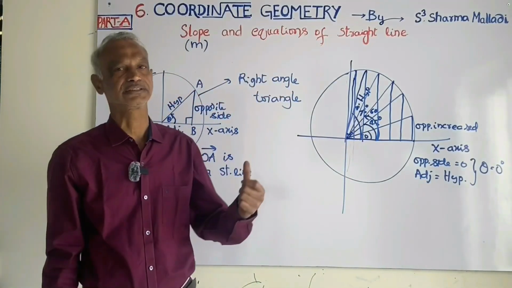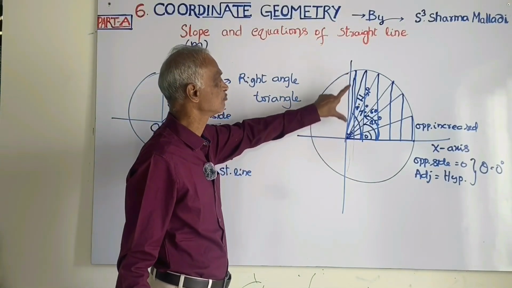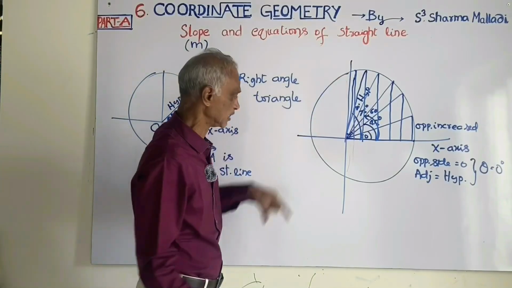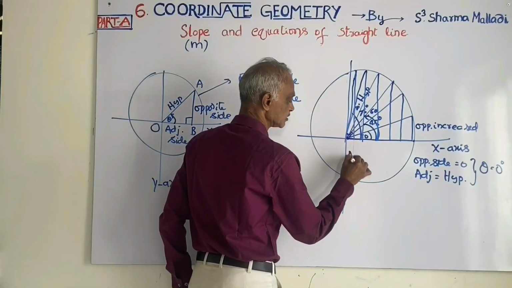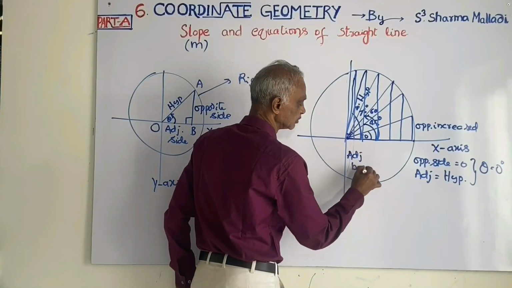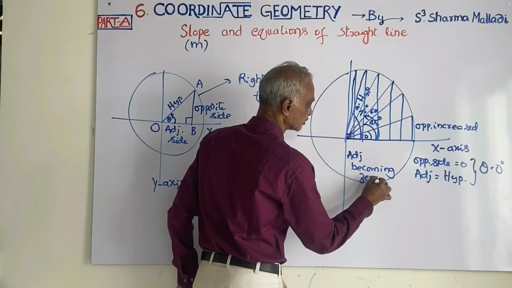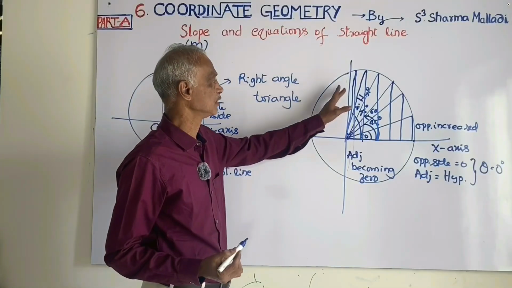The opposite side is falling on the hypotenuse. They are becoming equal to each other. The adjacent side is becoming 0. The opposite side is increasing and it is falling on the hypotenuse.